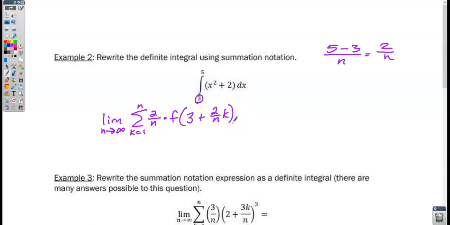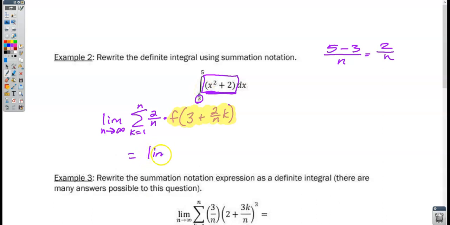Okay, now in this problem we do have a specific function that we can utilize, the function x squared plus 2. So we're going to utilize that function and replace this piece of our summation notation to get to the way that we actually want to write this particular integral.